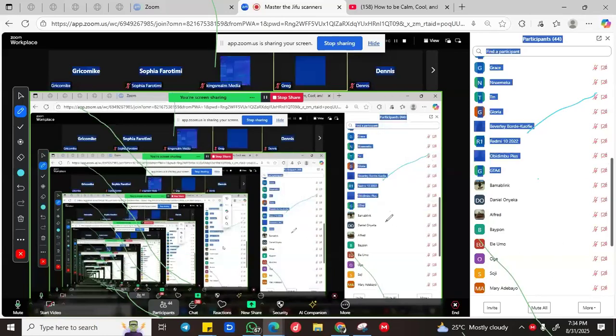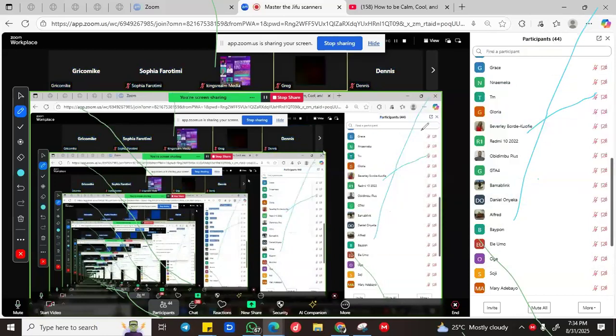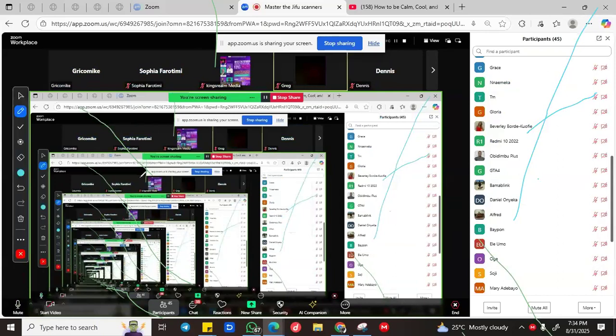So what you want to do is stay away from this annotation. If you touch it and you try to do random things on your phone, even subconsciously, you get to write on it. So make sure to stay away.